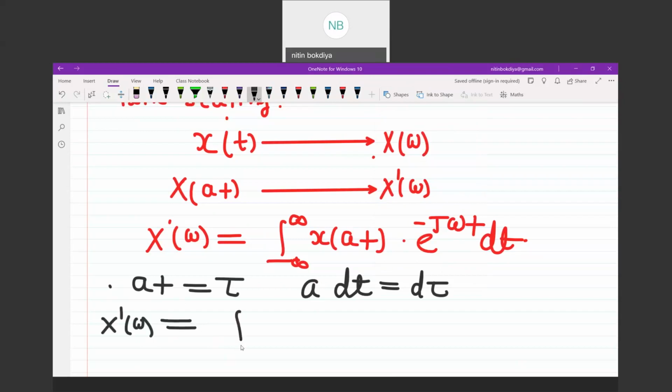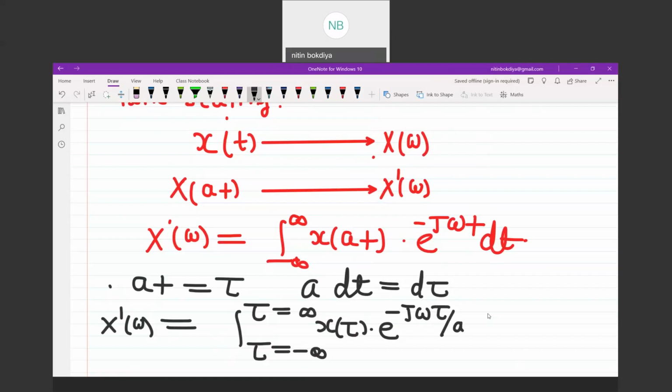This will be tau from minus infinity to infinity, x of tau into e to the power minus j omega tau by a into d tau by a.